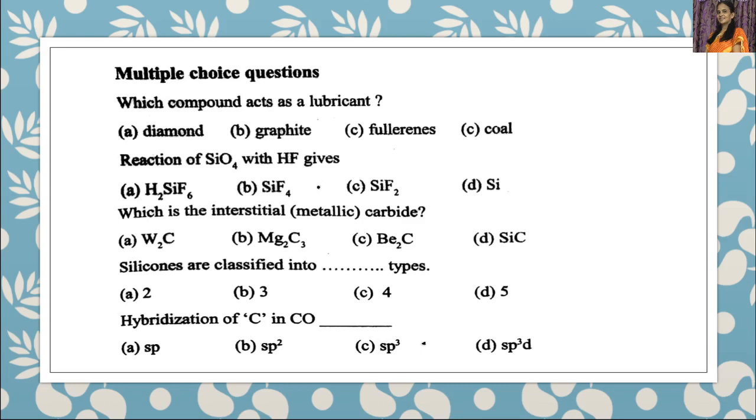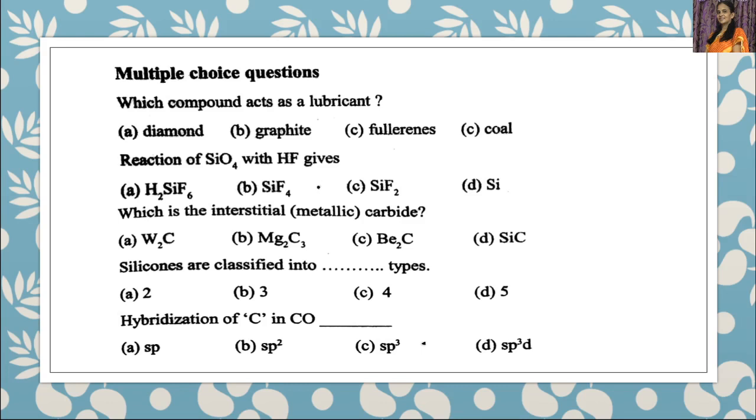Generally we know metallic carbides are formed by transition metals. Therefore, this must be the answer. So A, tungsten carbide, is the answer. Next, silicones are classified into dash types. Silicones are classified into three types: straight chain silicones, cyclic silicones, and cross-linked silicones. The answer is this one. They are classified into three types.